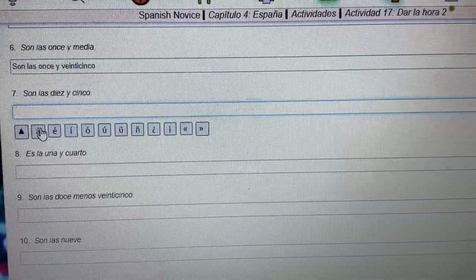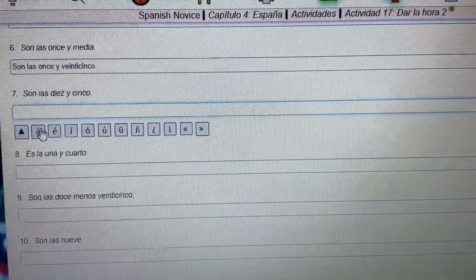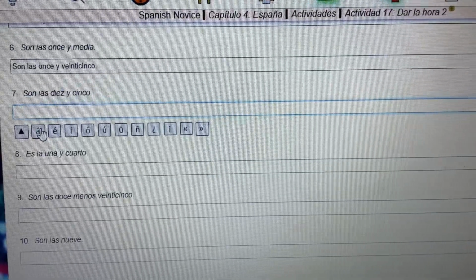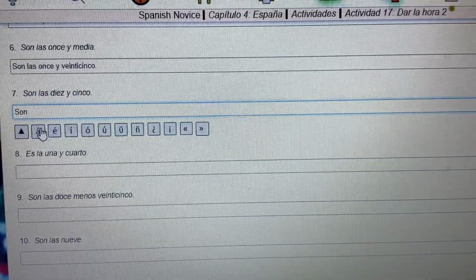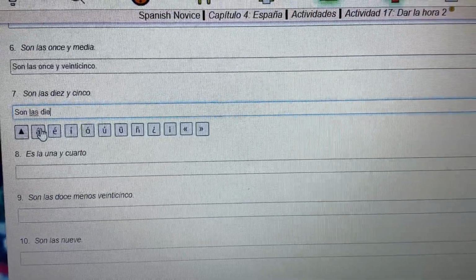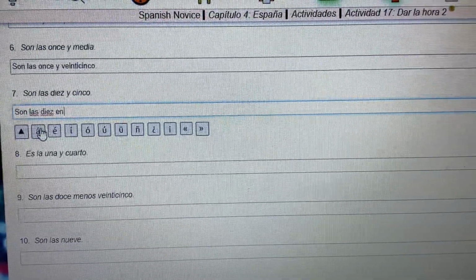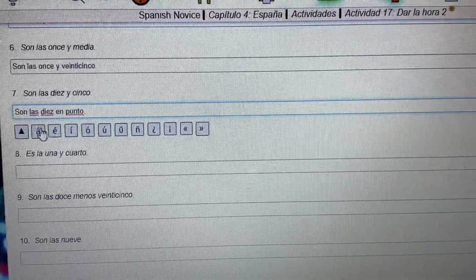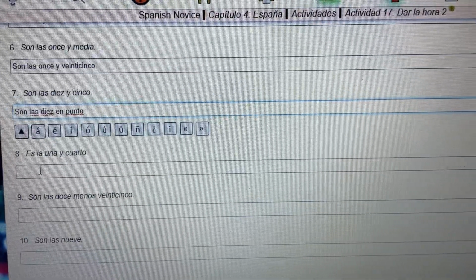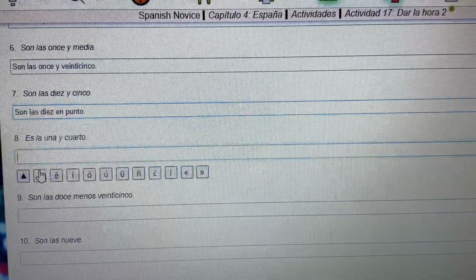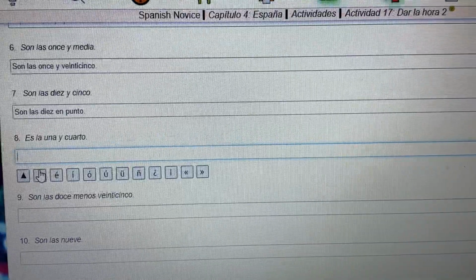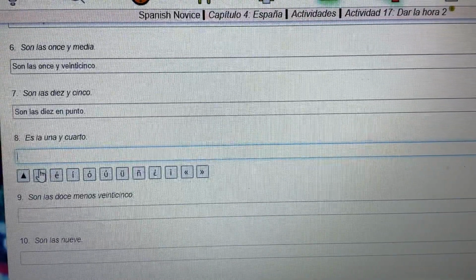For number seven, son las 10:05. That means it's 10:05. We subtract 5 minutes. That would make it 10 o'clock on the dot. Son las 10:00, period. Now, for this exercise, it's not telling you what part of the day it is, so it's not telling you if it's AM, PM. So we don't need to put de la mañana, de la tarde or de la noche for this particular exercise.